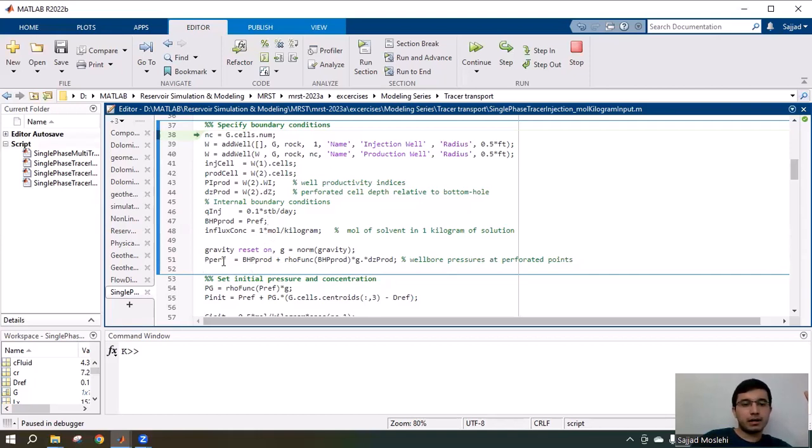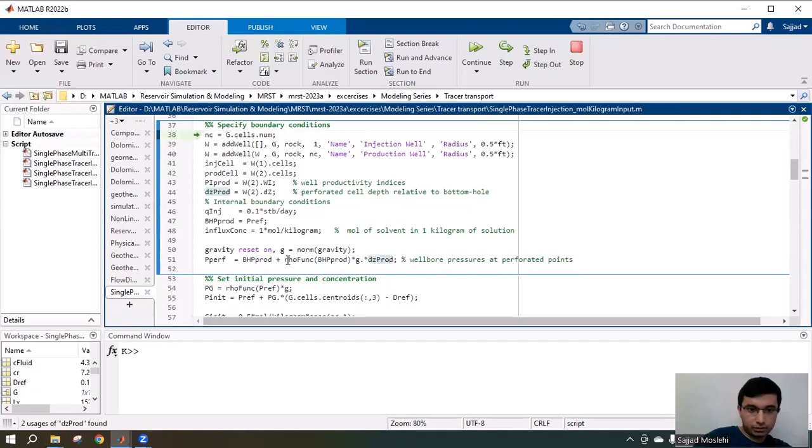And here I have calculated the pressure at the location of the perforated cell. Actually, this is not a function, but we have calculated it based on the bottom hole pressure and the pressure gradient.